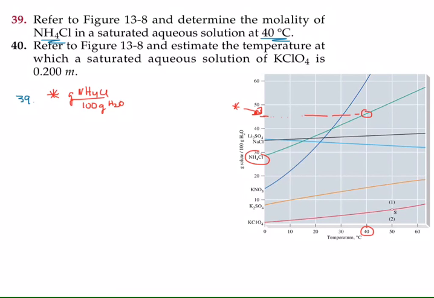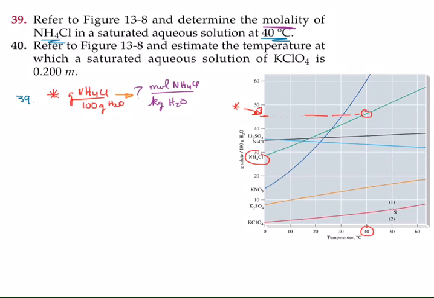So don't do what I wrote, do what you think you should do. You pick off that number, and it's about 45 grams. So you're going to have to turn that grams of ammonium chloride per 100 grams of water into molality, which won't be too bad because molality requires kilograms of water on the bottom.